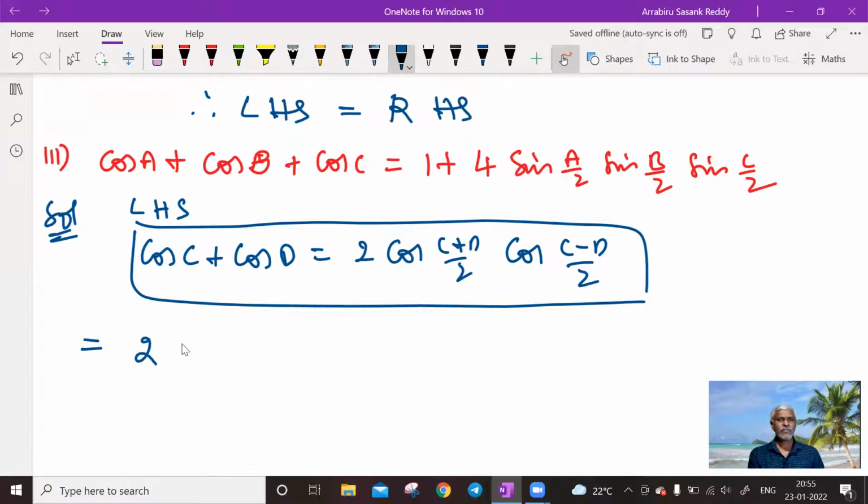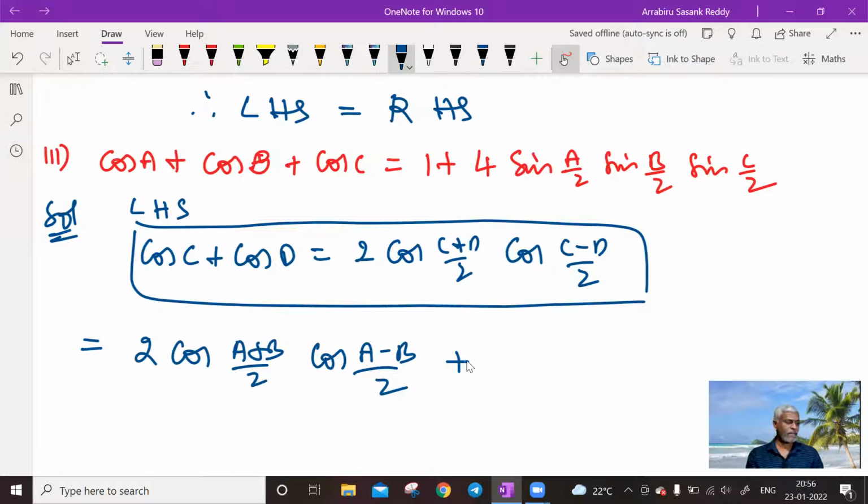Therefore this is 2 cos a plus b by 2 cos a minus b by 2, and plus cos c is there. Cos 2 theta is 1 minus 2 sin square theta.